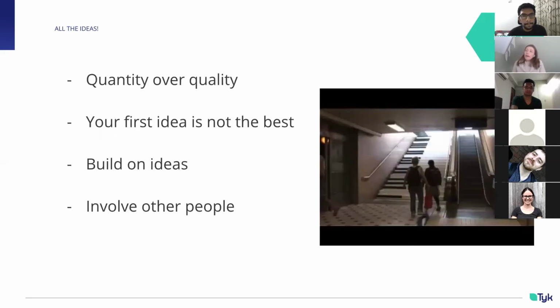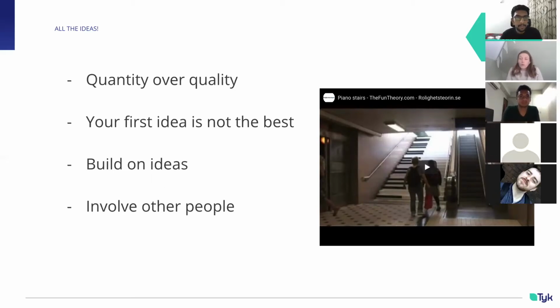Now that I've got a slightly wider and more innovative opportunity area, I can start to think about different ideas on how to solve that problem. Something to do in the ideation phase is quantity over quality, which is always best at this point.